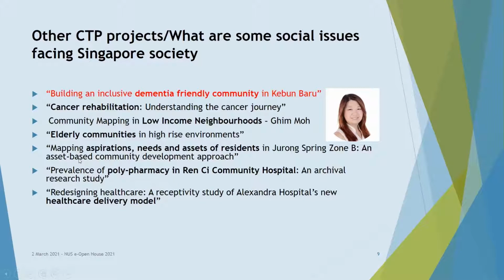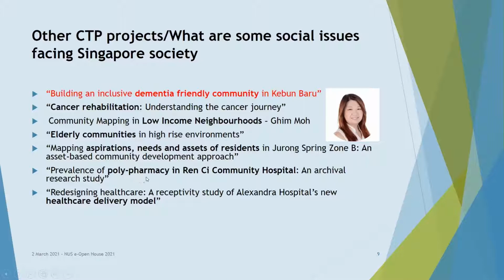We all, as the current generation, we accept high-rise living as part of the norm, but the previous generation do not all see it in the same way. So all these are the types of issues, as you can see, it's a wide range, right? Whether it's needs and assets of residents in Jurong, polypharmacy in Ringgold Hospital.